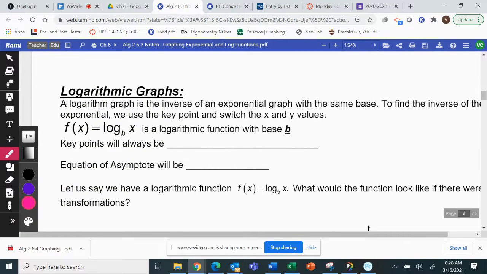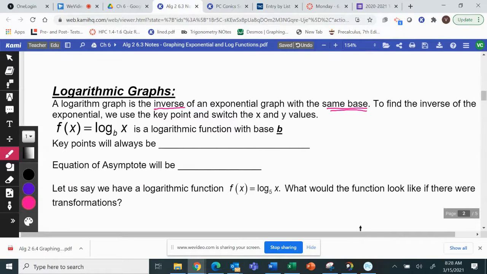So a logarithm graph is the inverse of an exponential graph with the same base. To find the inverse of the exponential, we use the key points and switch the x and y values. So if we have f(x) equals log base b of x, that's logarithmic, that has a base of b.